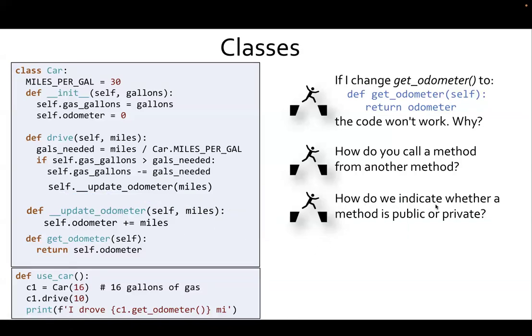So how do we indicate whether a method is public or private? Can you guys see the difference over here? Self is definitely something you always need to use in the method, but what's the reason? I am not actually sure about the reason.